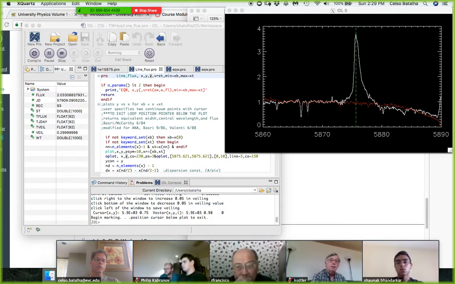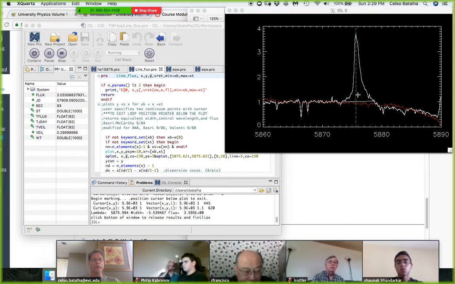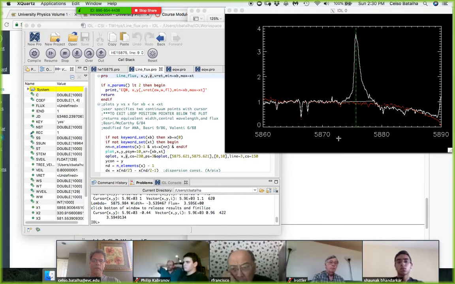Once we go to this routine, we mark two points, and it measures the line flux, 3.595, and then we save that. The routine takes this flux emission and puts it in a file, so that later down the line we can analyze the emission of every single profile.